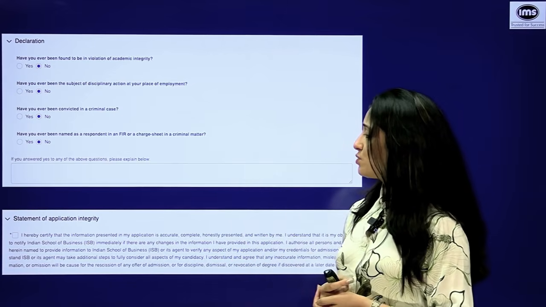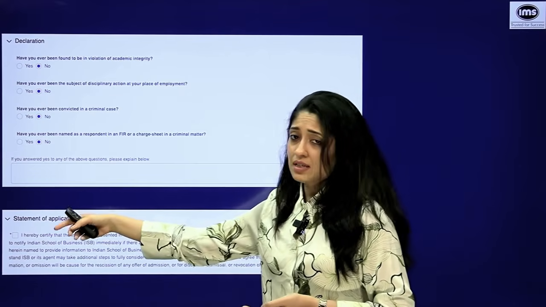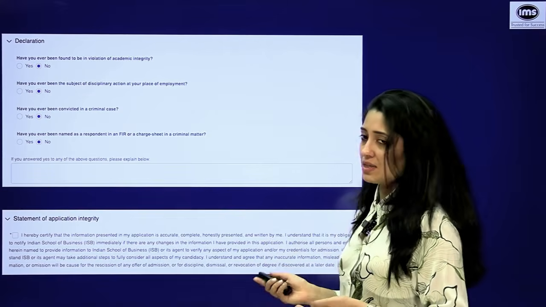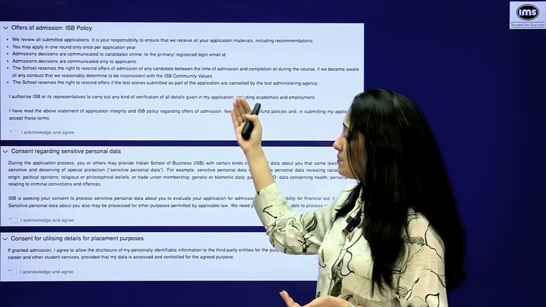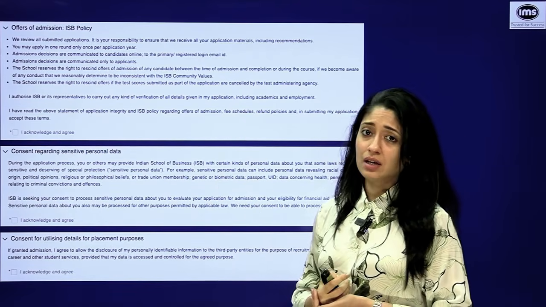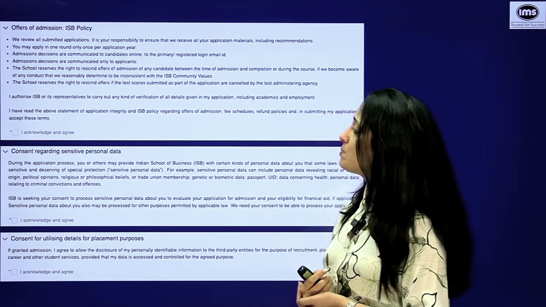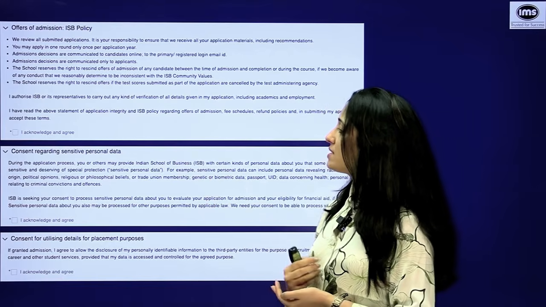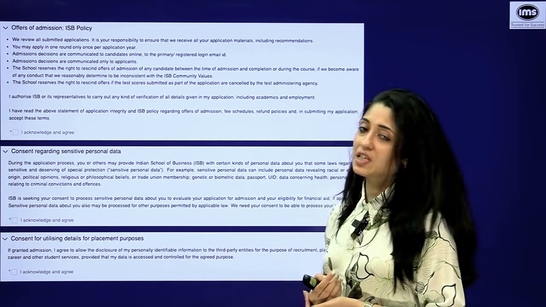And then you will have to, of course, for a statement of application integrity, tick on this checkbox to accept their terms and conditions. Moving ahead, you will accept and acknowledge all these policy conditions as well, where there are offers of admission ISB policy, consent regarding sensitive personal data, consent for utilizing details for placement purposes.